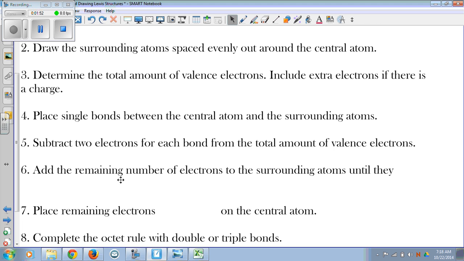Then, with the remaining number of electrons that you have, you're going to add them to your surrounding atoms until each surrounding atom has 8 electrons, or in other words, fulfilling the octet rule. Remember, each surrounding atom needs to have 8. The only exception, it's very important, would be hydrogen. Hydrogen only needs 2.